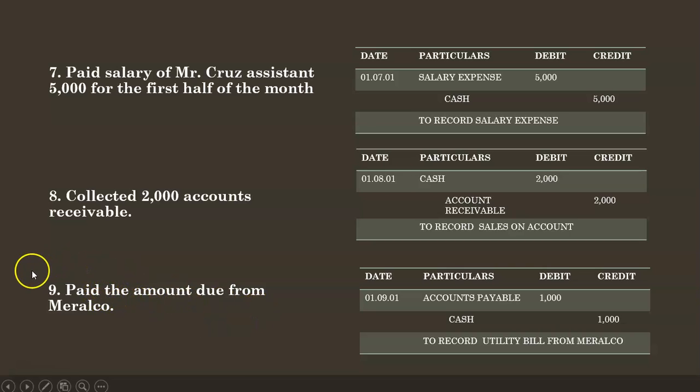Kasi, as you can see, the word pay. Okay, nagbayad ka ulit. Don't forget the explanation to record utility bill from Meralco. Again, this is an error. The correct explanation for this transaction is to record payment for Meralco, not utility bill, because it is already recorded. So I'm sorry again for this.